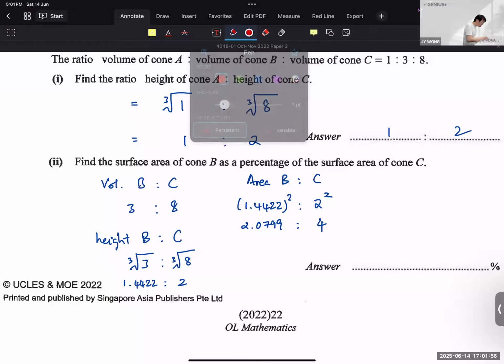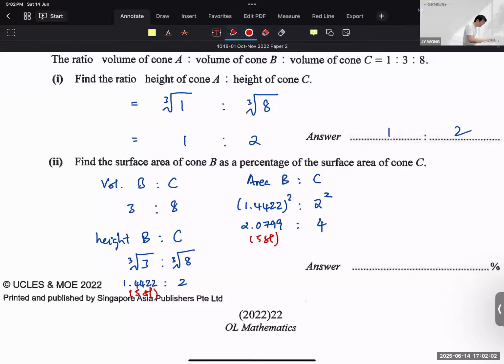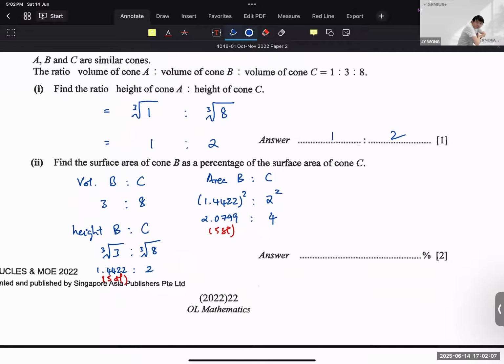Okay. This is 5SF. So there is no shortcut here. You take your volume scale, you cube root it to go and find your linear scale first. Then from your linear scale, then you square it to find your area scale. Don't get that mixed up.